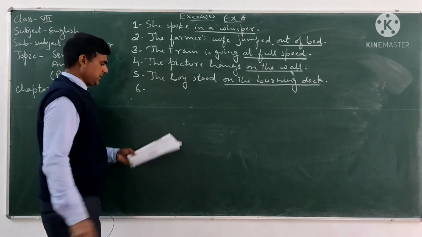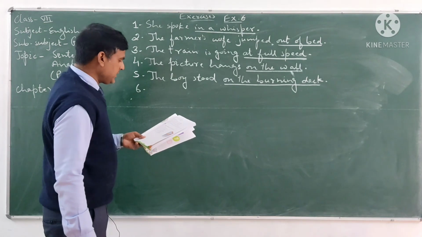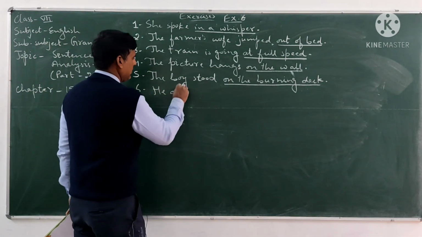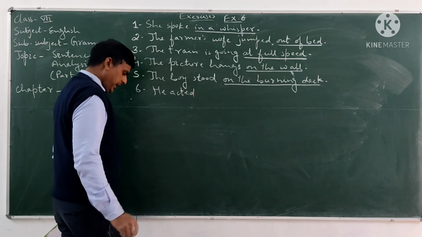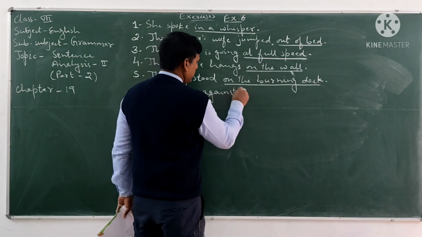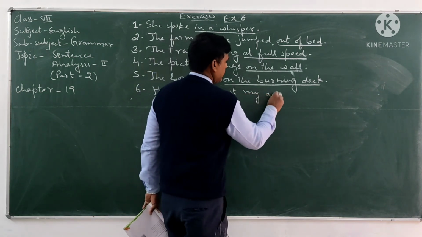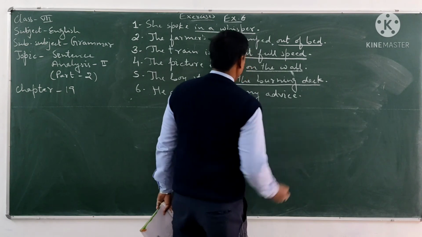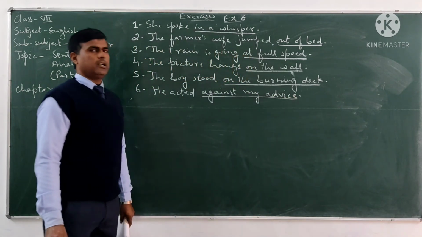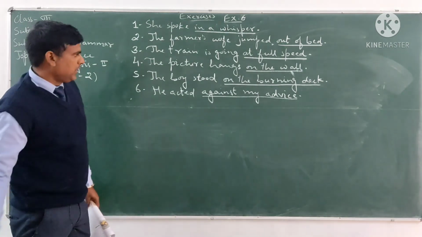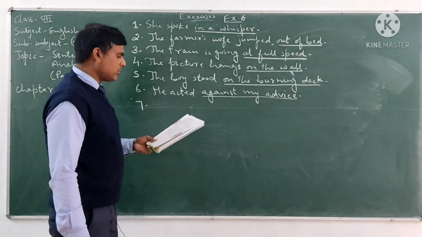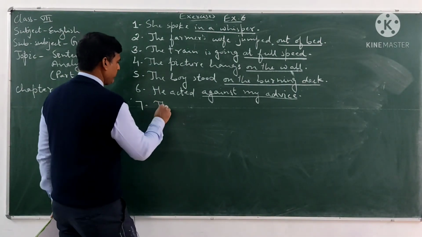Now see sentence number 6. Sentence number 6 is he acted against my advice. In this sentence, against my advice is the extension of predicate. Now see sentence number 7. Sentence number 7 is the man rode on a white horse.